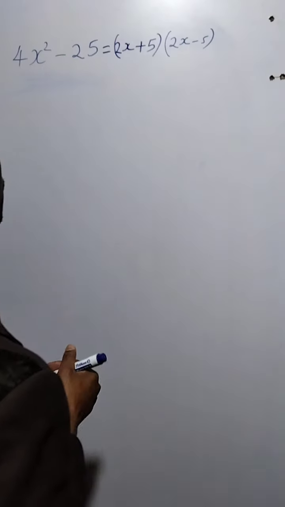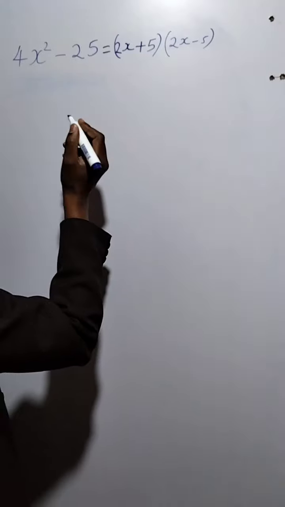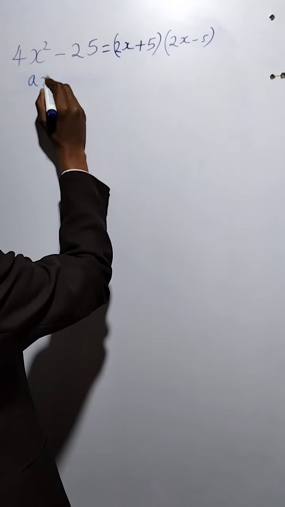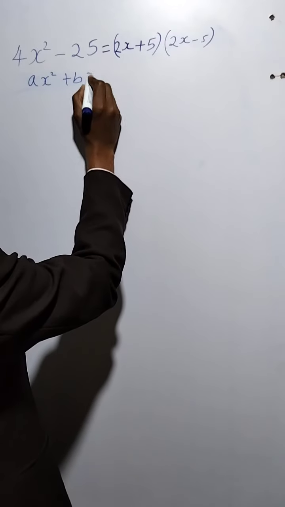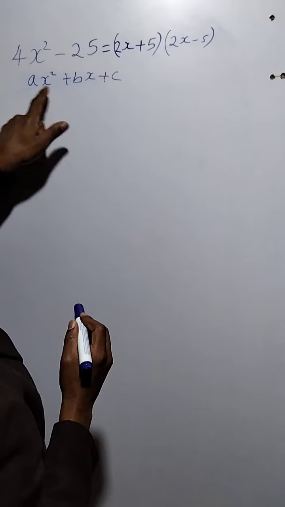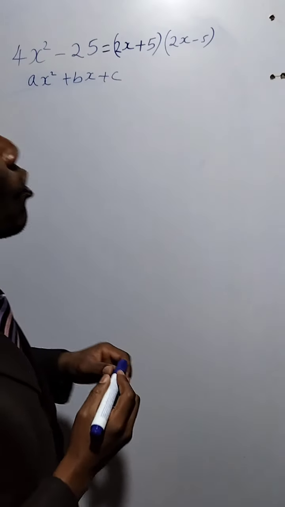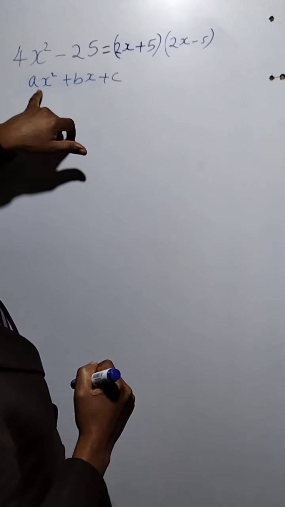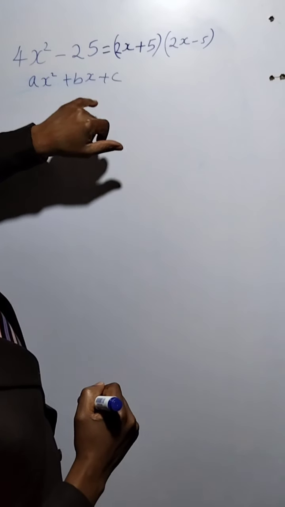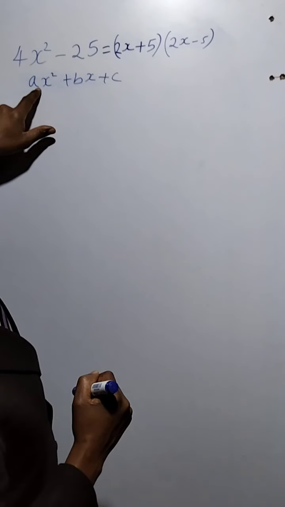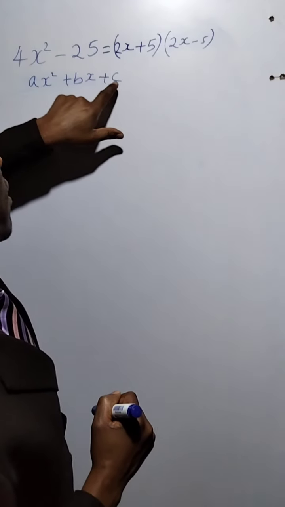Now you need to realize that the standard form of a quadratic expression is ax squared plus bx plus c, whereby a, b, and c are constants, they are numbers, and we call these the first term, the second term, the third term. Sometimes we call them the quadratic term, the linear term, and the constant term.